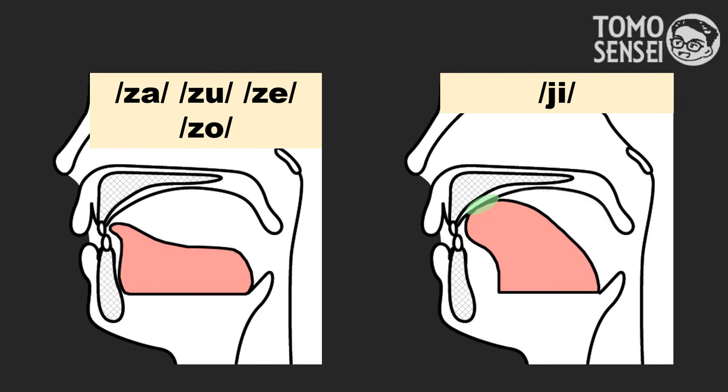But ji sound is pronounced at the little more back part of the gum, and your tongue touches it, and it's close to J sound, not Z sound, so let's be careful.